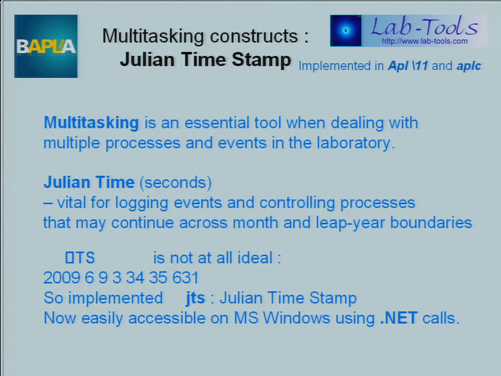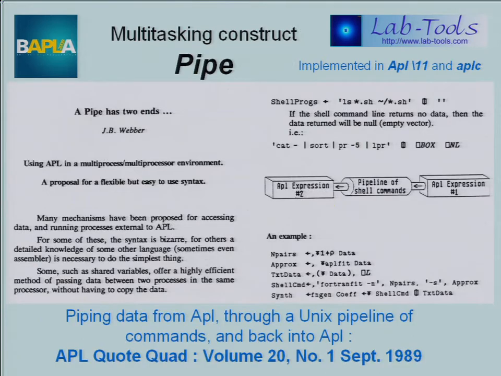You have to work out how long a month is to calculate: is this 1 second later or a day later? Quite tricky. Quad timestamp is not as convenient as Julian time. You can do Julian time in days and hours and seconds, and you'll see some graphs probably later where Julian time is actually displayed in hours, 0 to 24, each day is a new graph. They're fairly convenient for logging data in the lab.